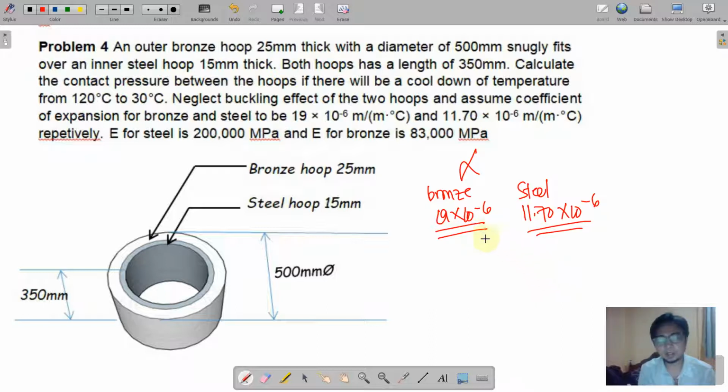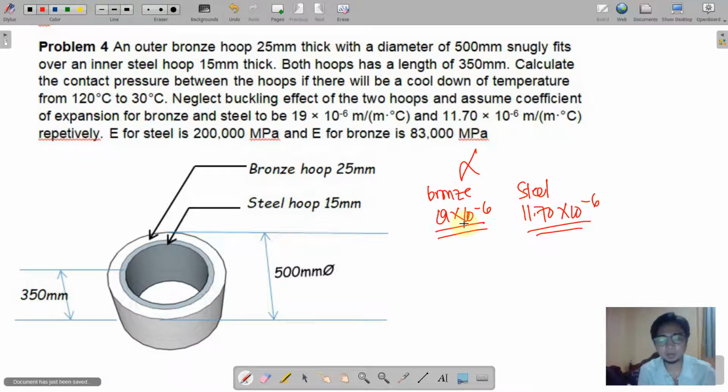So at a certain temperature, the bronze will have a larger effect or larger deformation per degree Celsius. Okay, so if we have an increase in temperature, it will expand longer than steel.